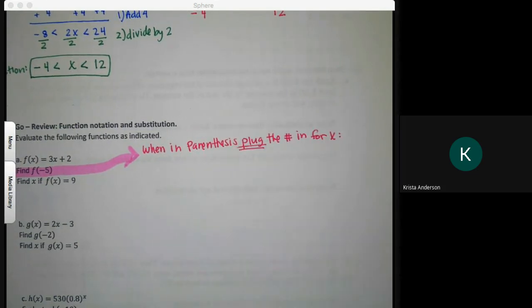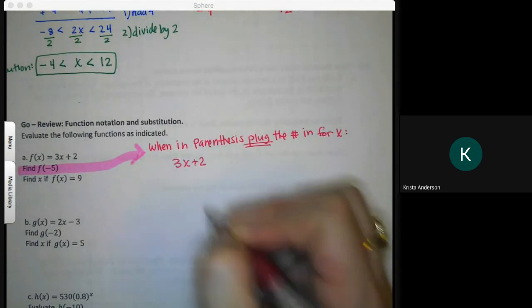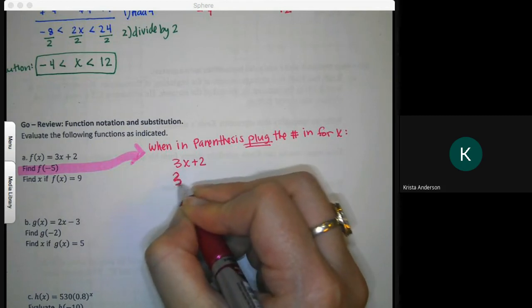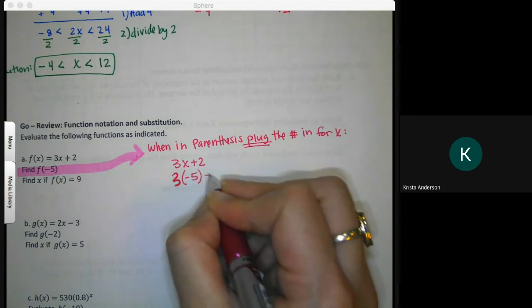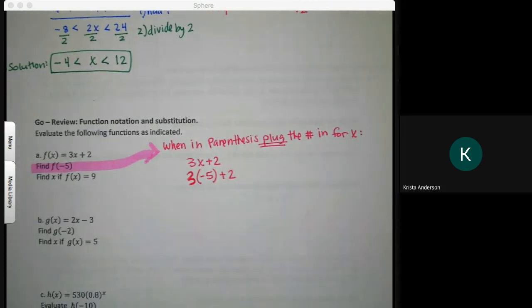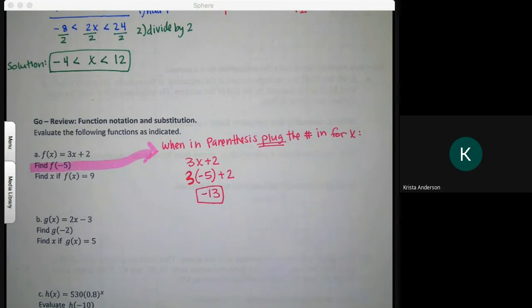So I would take 3x plus 2 and I would replace the x with the number in the parentheses. When I replace it, that makes a negative 15. Negative 15 plus 2 is negative 13. That would be my solution.